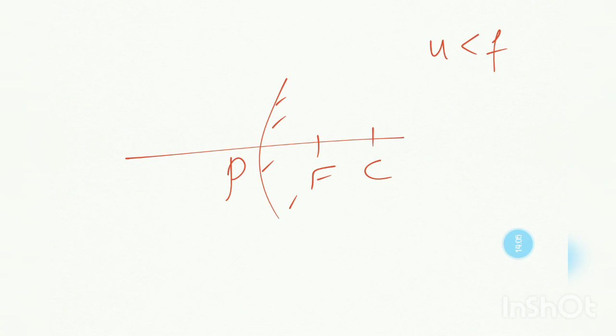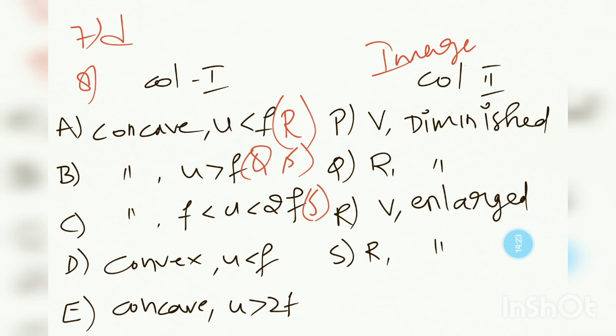So where will it be placed? Somewhere over here or here, right? If it is placed there, you will get a virtual and diminished image only. So virtual and diminished. Check the options.